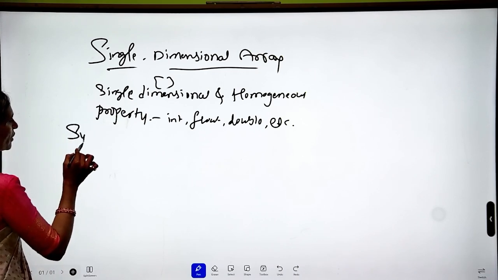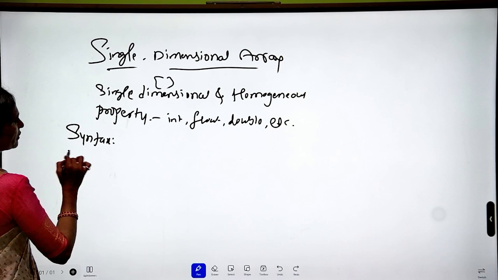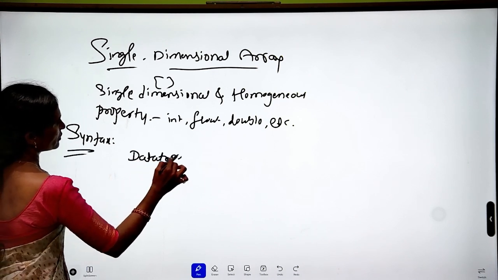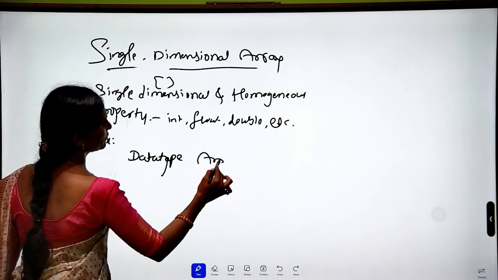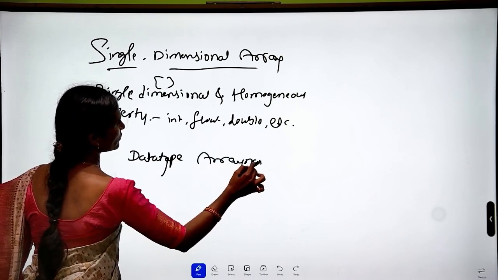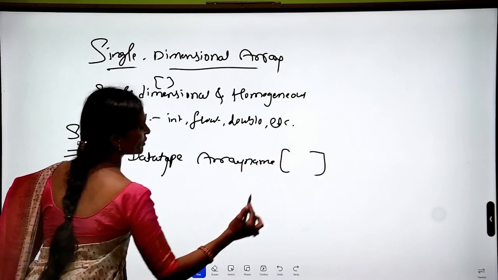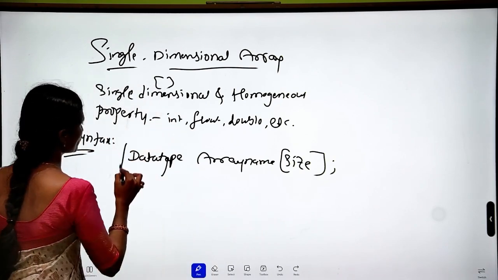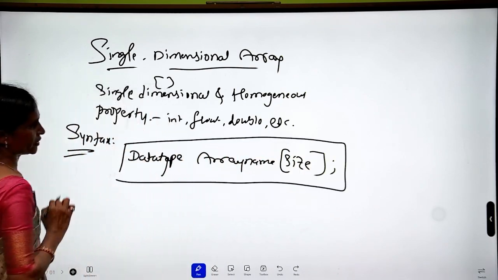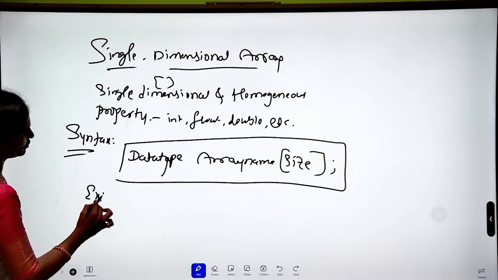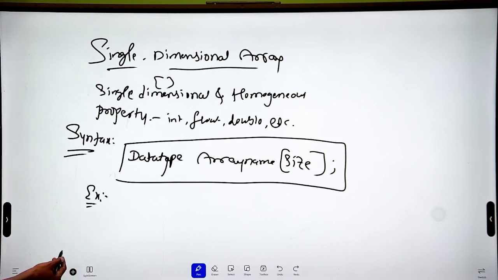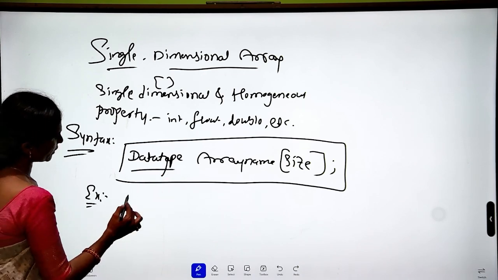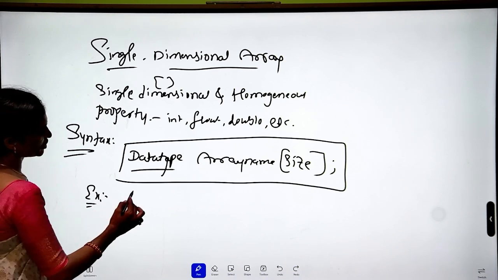So the syntax, how to do that? Data type, array name, subscript representing the size, and a semicolon. So this is the syntax. For examples, the primitive data types are valid data types. Primitive data types are directly operated on by machine instructions.